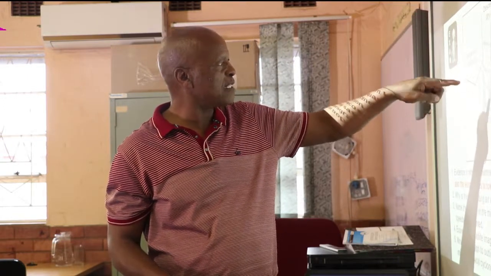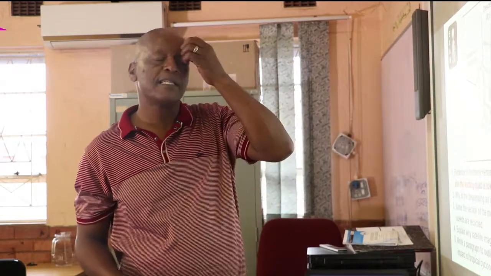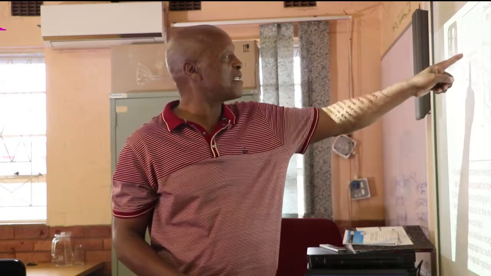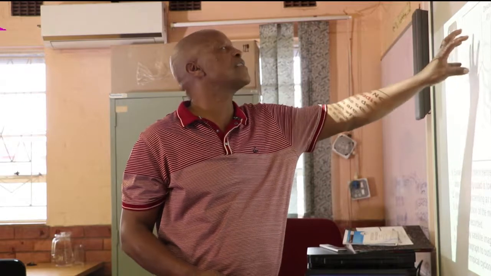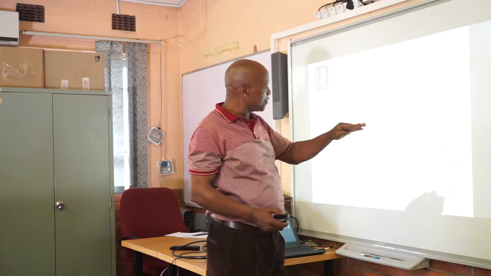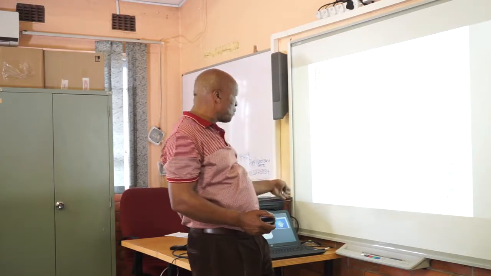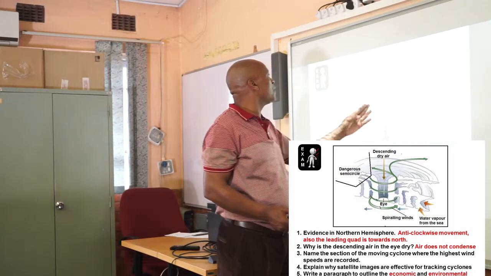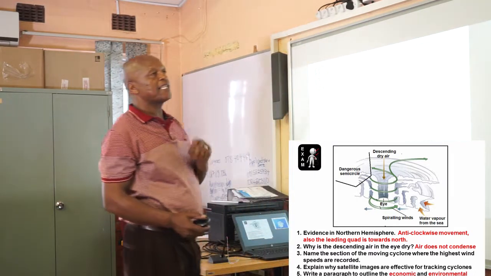This anti-clockwise circulation says that this one is in the northern hemisphere. And of course, if this is the dangerous semicircle, it means it's the leading quadrant. Now it's moving towards north. But if it was in the southern hemisphere, it was going to move towards what? South. For those two reasons, anti-clockwise circulation and moving towards north, it is in the northern hemisphere.